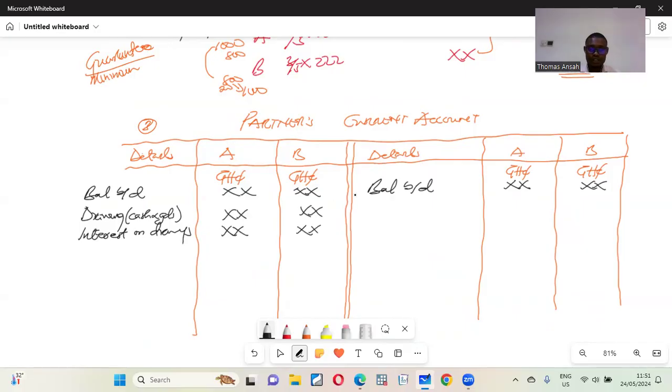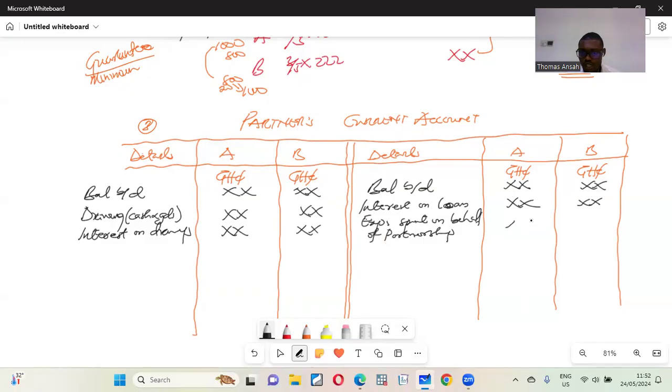Then interest on loan, you remember these are things we less, right? On loan, whoever is taking that, you put it under his column. And then expenses spent on behalf of partnership, whoever did that, you put it under his name. What are the other things? Interest on capital, right? Interest on capital.